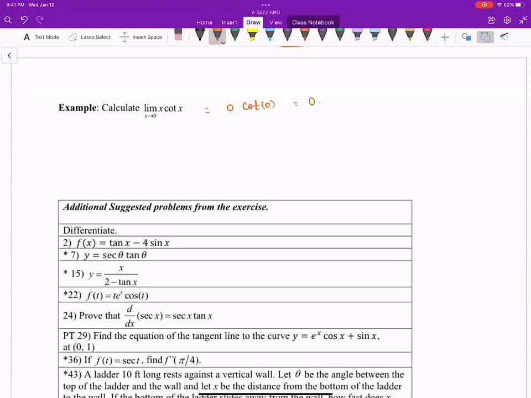So we have a situation here, 0 times cotangent 0, which is 1 over tan 0, that is cotangent 0. It's a reciprocal of tan. So 1 over 0, which means it's infinity. So 0 times infinity is an indeterminate quantity. Indeterminate.